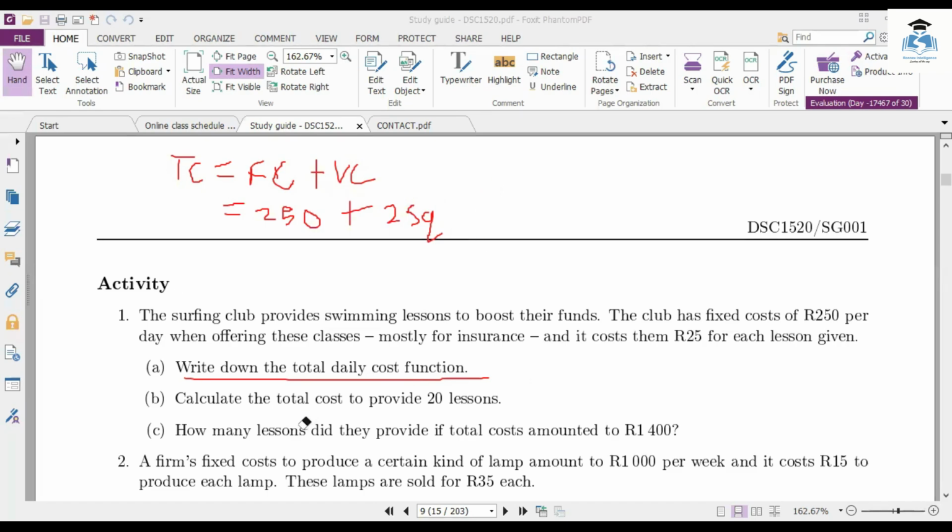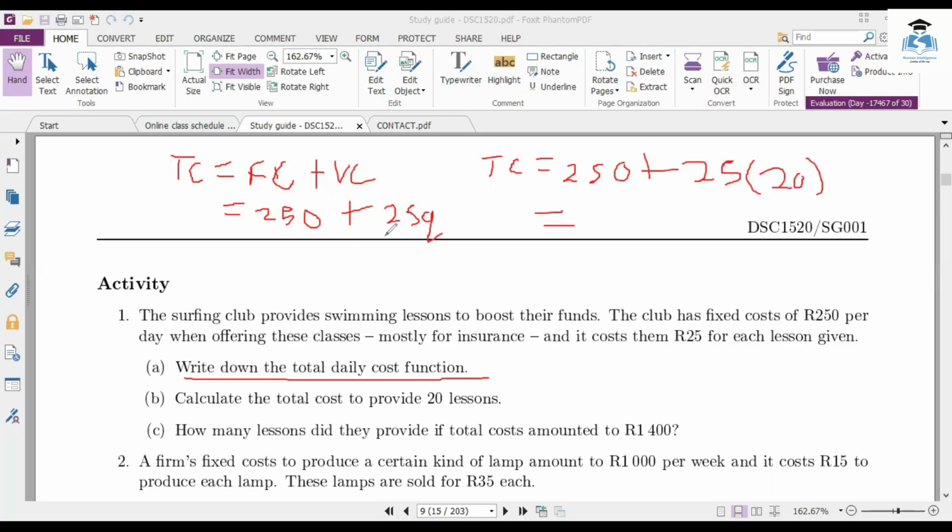Then B says calculate the total cost to provide 20 lessons. So how do we calculate B? You substitute the Q with the 20. Plus 25 times 20.